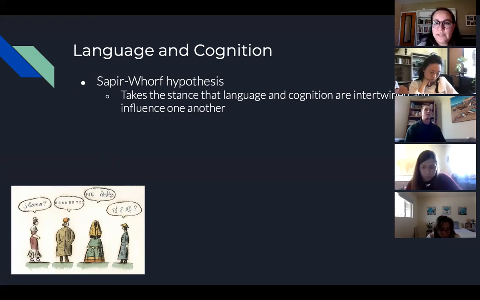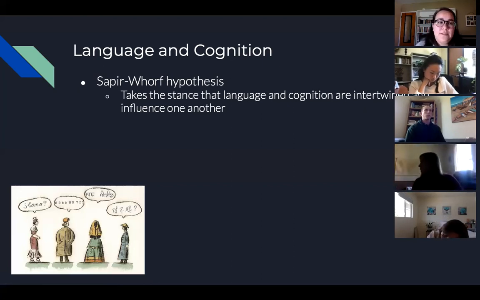So generally, it takes the stance that language and cognition are involved with one another. So it's definitely not in agreement with the idea that language is totally off in its own place, doing its own thing in comparison to other cognitive processes.